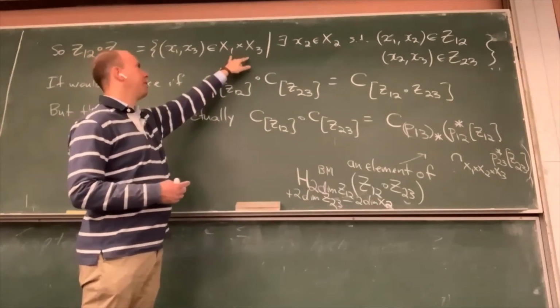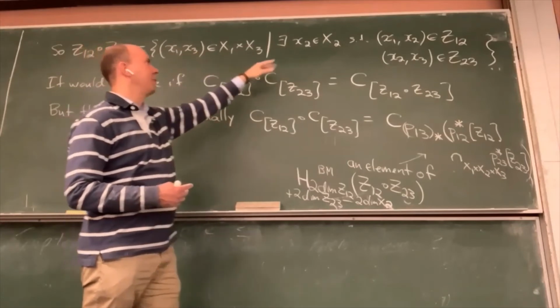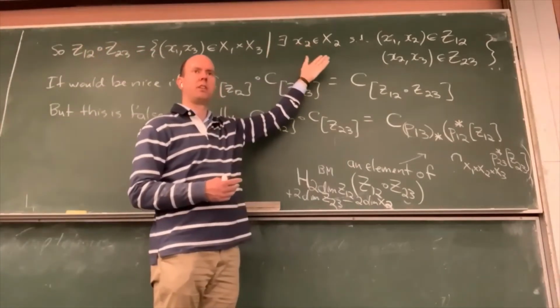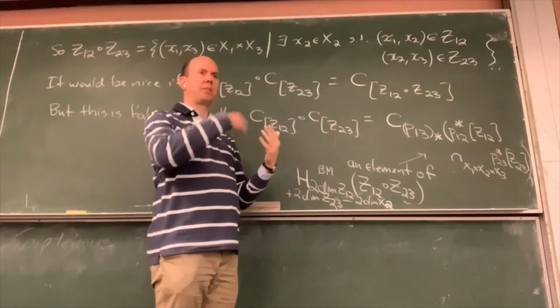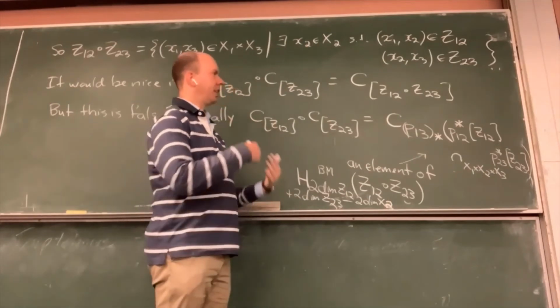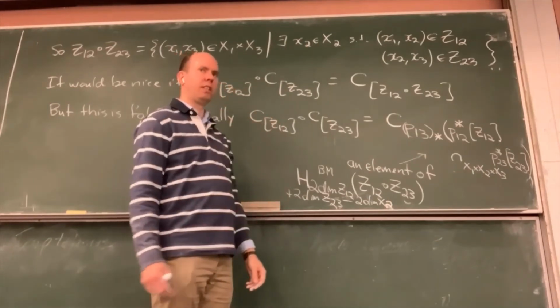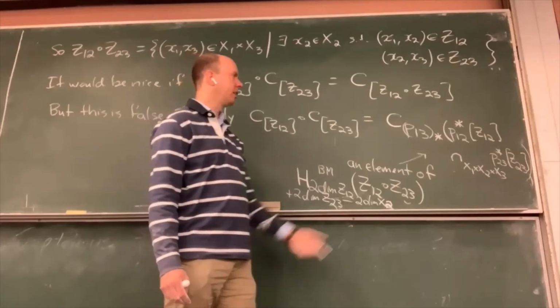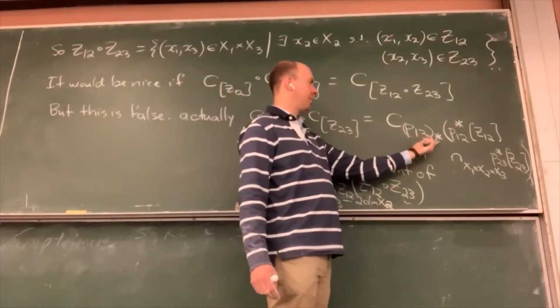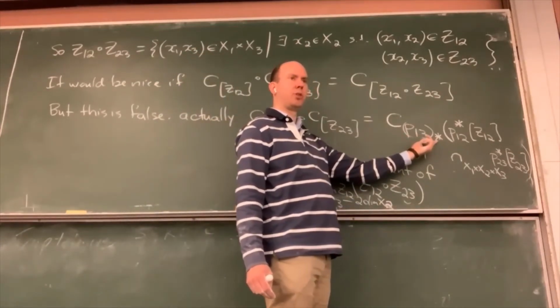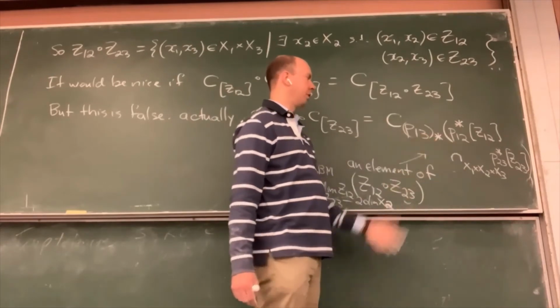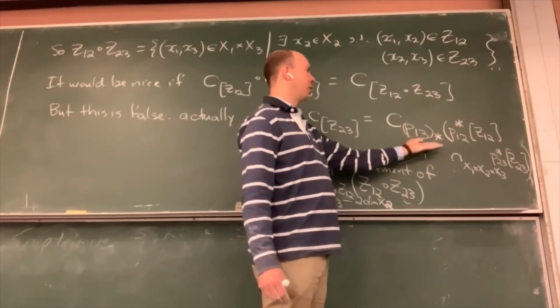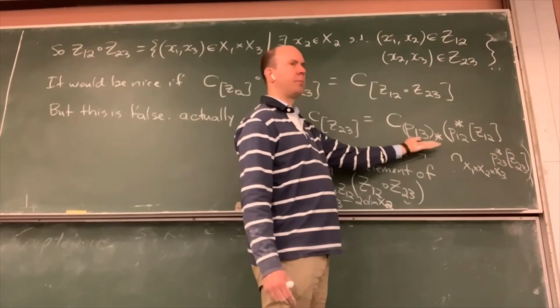In other words, for some of the pairs (x1, x3) in this space, there'll be a choice of multiple x2s, so that they'll form a fiber over that point, and the homology of that fiber is then involved in this story. It will arise in taking the push forward here. That will incorporate the fact that there are non-trivial fibers of the projection P13.